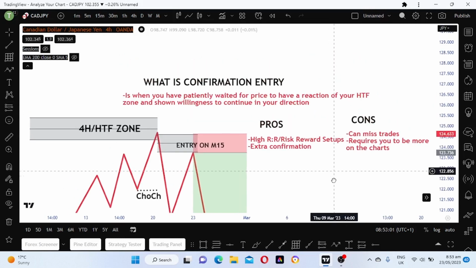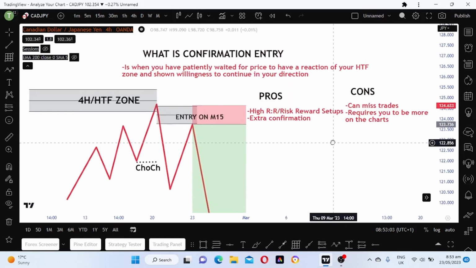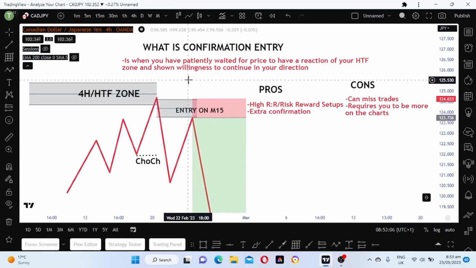Okay, as you can see, guys, here is what a confirmation entry is.